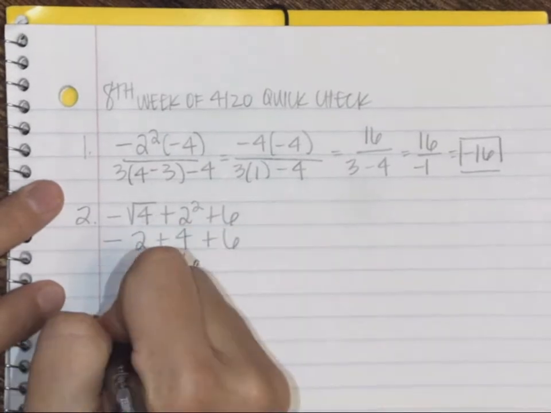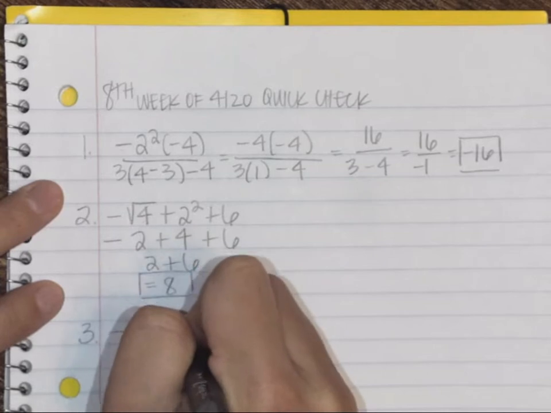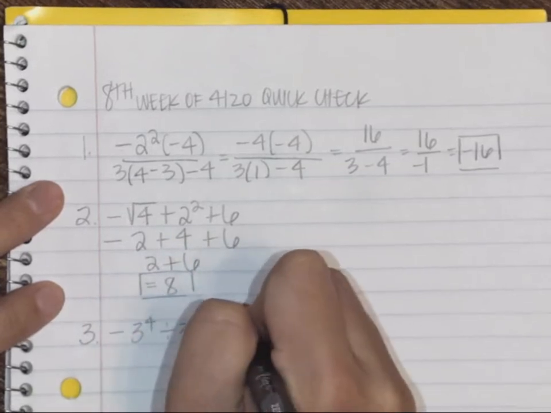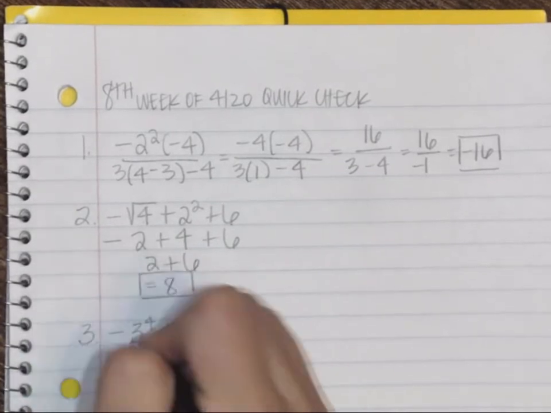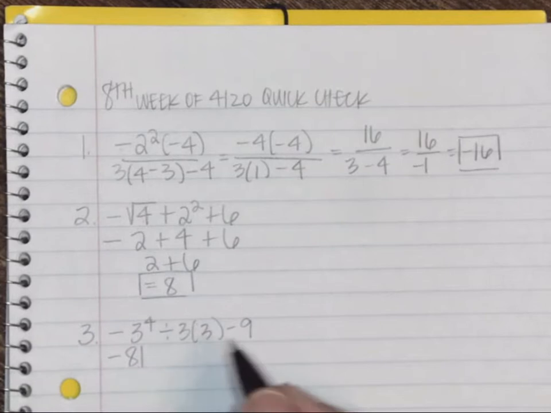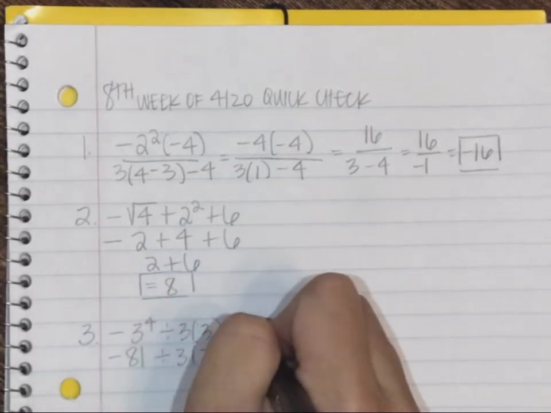Number 3, we have the opposite of 3 to the 4th power divided by 3 times 3 minus 9. So the opposite of 3 to the 4th power would be a negative 81. 3 to the 4th power is 81, and the opposite of 81 is a negative 81 divided by 3 times 3 minus 9.